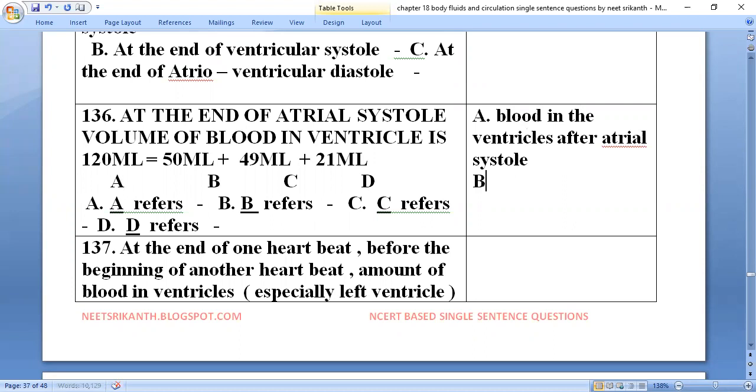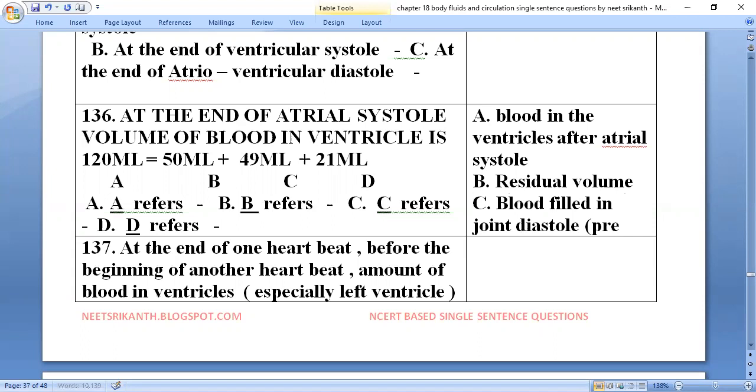Okay. Next, what about 50 ml? We said already that is residual volume. And what about C, 49 ml? We answered earlier, it is the blood filled in joint diastole of the previous heartbeat.